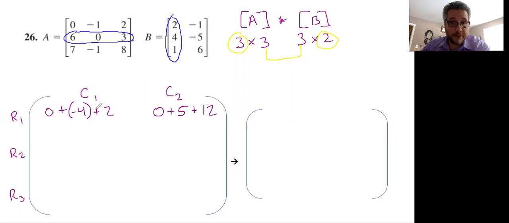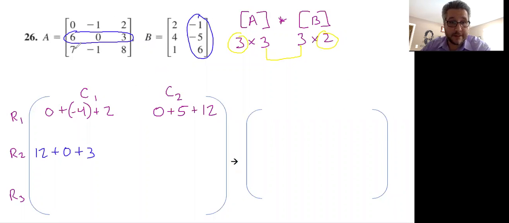6 times 2 is 12, plus middle times middle, 0 times 4 is 0, plus the third element of this row times the third element of this column. 3 times 1 is 3. Okay, now we're still working on row 2, but now we have to switch over to column 2, like so.